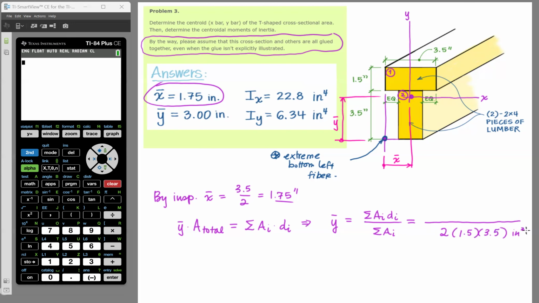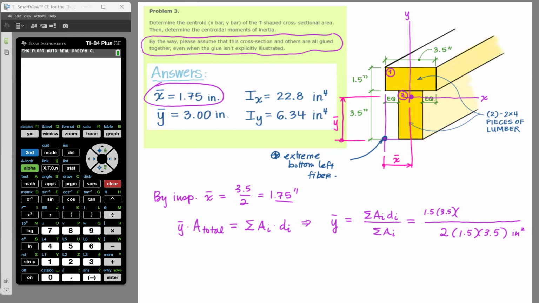And now I just need areas times distances. So I'm going to call, I did already, so area 1 up here. So area 1, 1.5 times 3.5. And the distance that I want goes from this bottom fiber to the centroid of shape number 1.